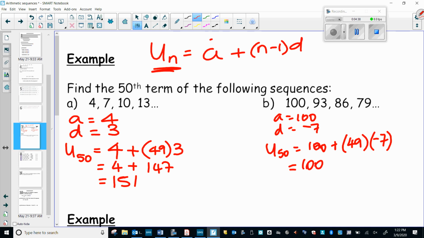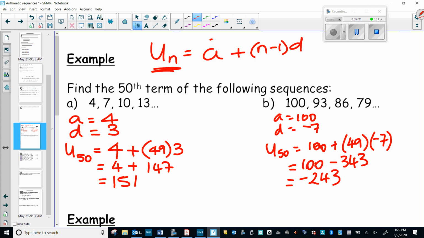We could do the 50 times 7 again. And I notice I've gone from being plus to now being take away because it was a negative value. So we're now doing 100 subtract 343, which gives us -243.